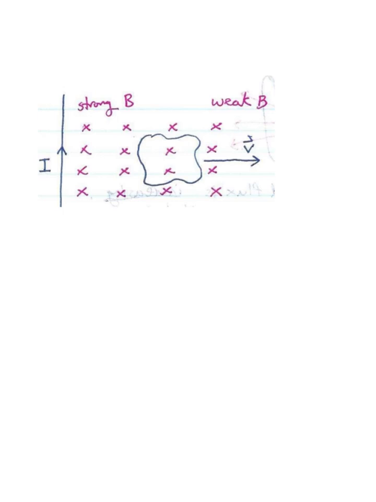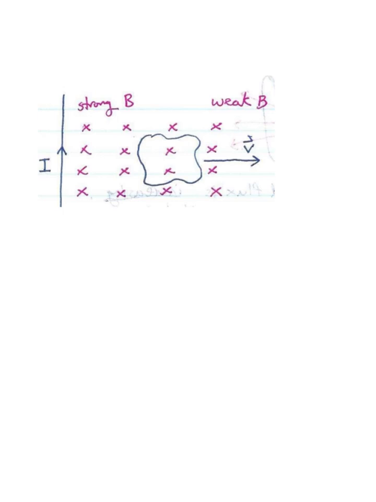Now we're just going to move that loop in the direction that I've drawn. So in moving the loop in that direction to the right, we are decreasing the flux. It's keeping the same area, it's keeping the same angle, but the magnetic field in the loop is decreasing.